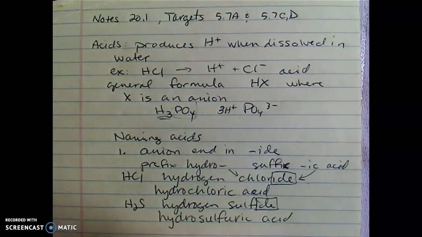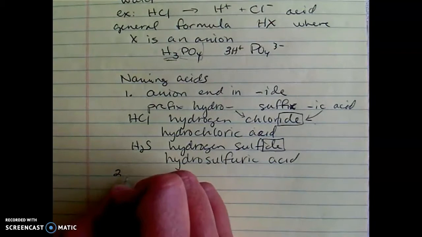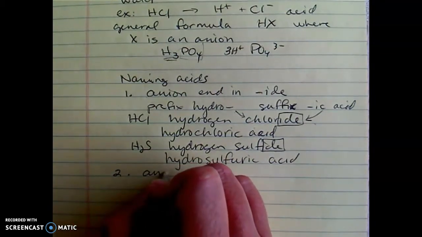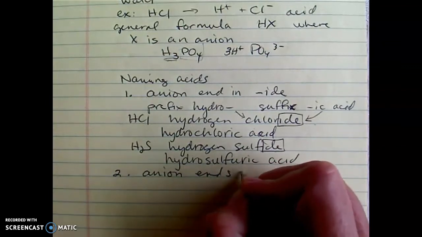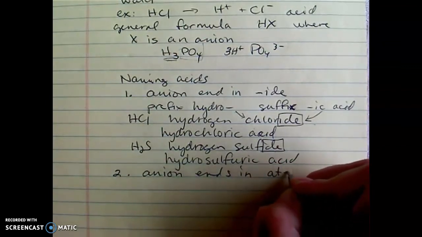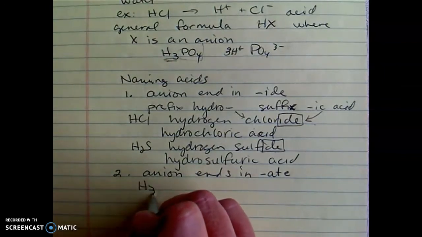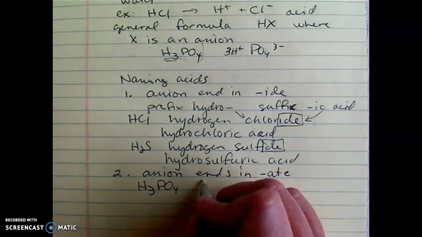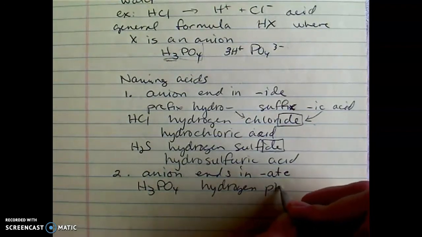Number 2, the other one. If your anion name ends in ATE. Let's go with that. For example, H3PO4. This is hydrogen phosphate.